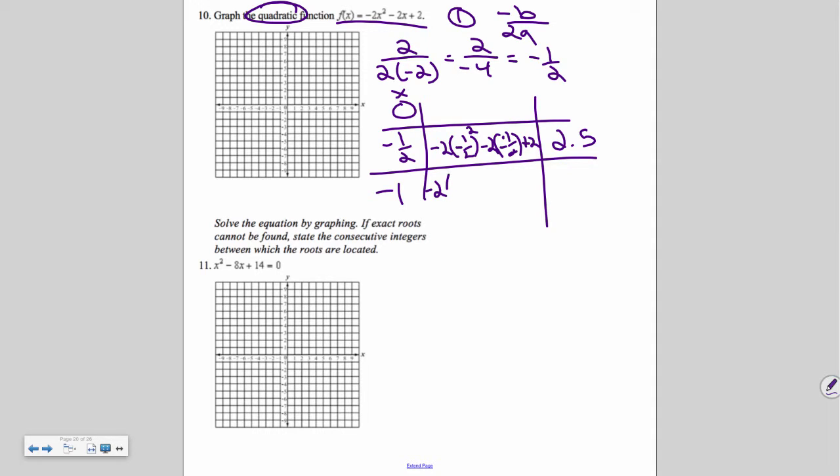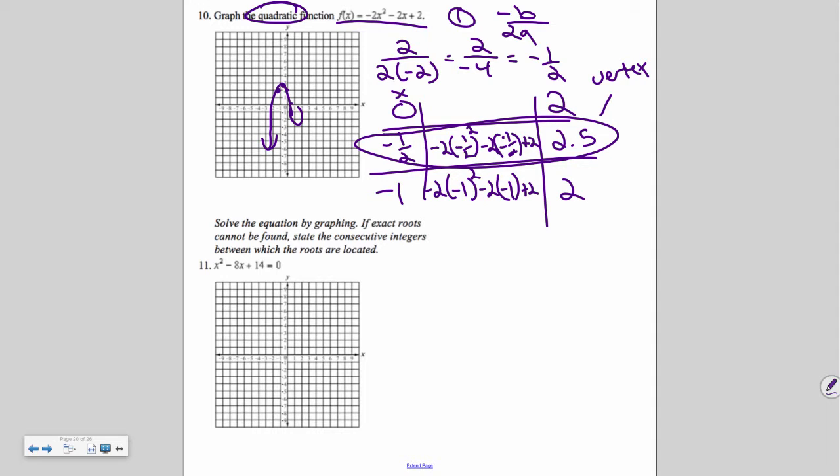When I plug in my negative 1, I should get 2. And when I plug in 0, I get 2. Using those 3 points, this is my vertex. So negative 1/2, 2.5 is right here. 0, 2, negative 1, 2. I can kind of sketch out a quick graph there.